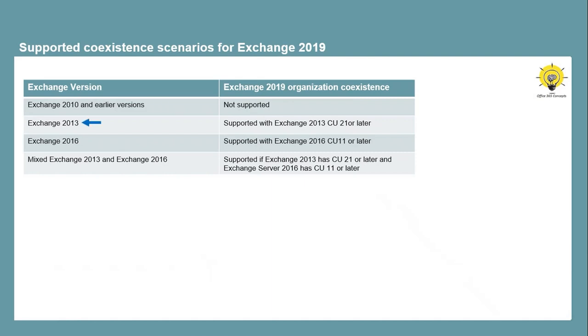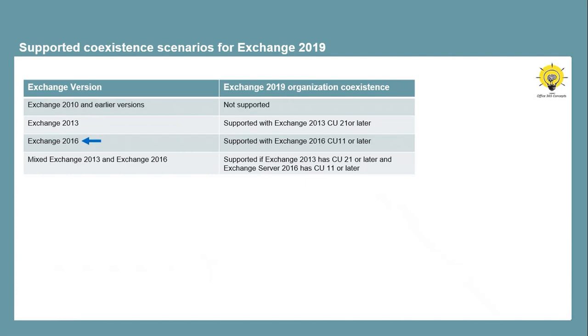If you already have Exchange Server 2013 in your environment and you are planning to introduce Exchange 2019 as well, then you need to make sure that Exchange 2013 has the latest update, or at least cumulative update 21 installed. Same applies to Exchange Server 2016.